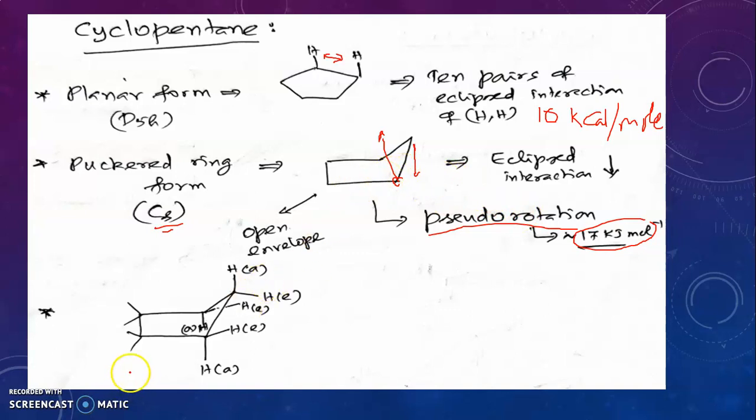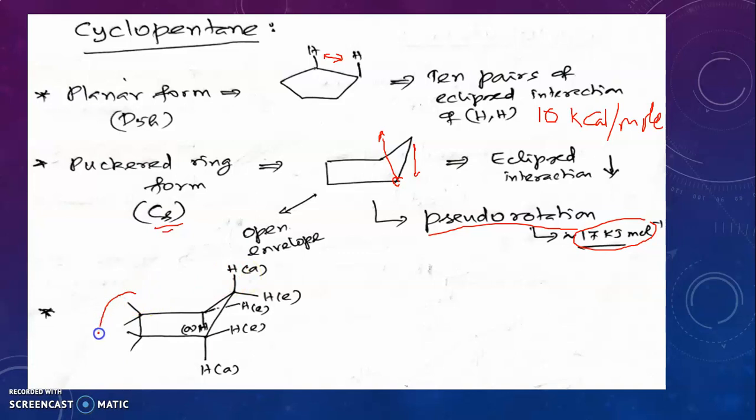Then in the open envelope shape, the 4 carbon atoms are in one plane and 1 carbon is above the plane, and in the open envelope conformation there are 3 axial hydrogens and 3 equatorial hydrogens.